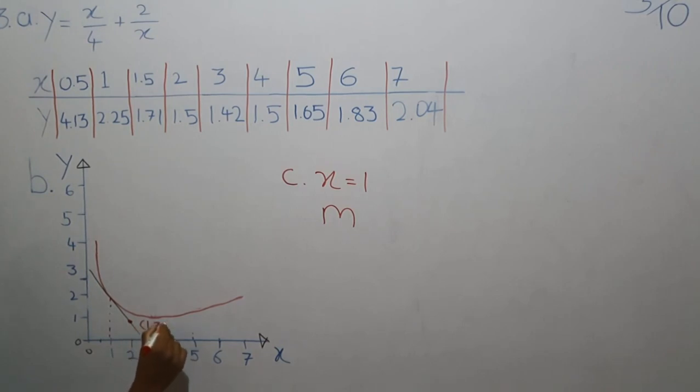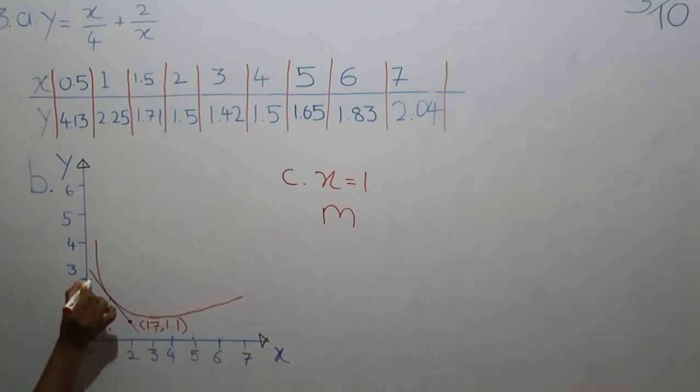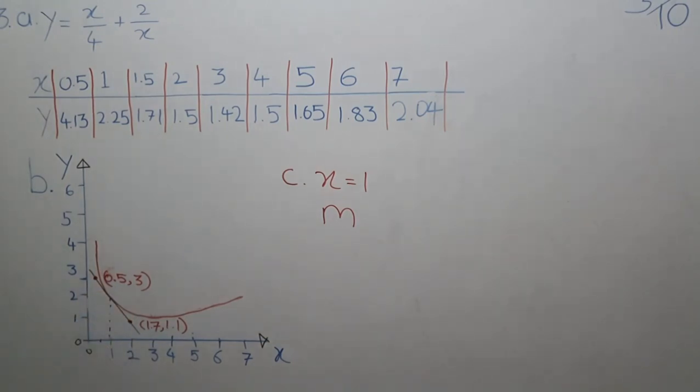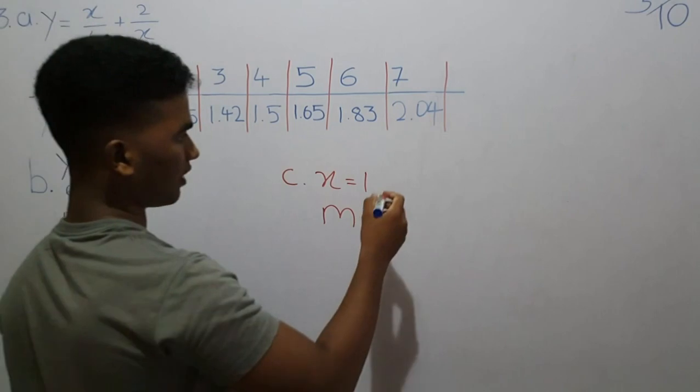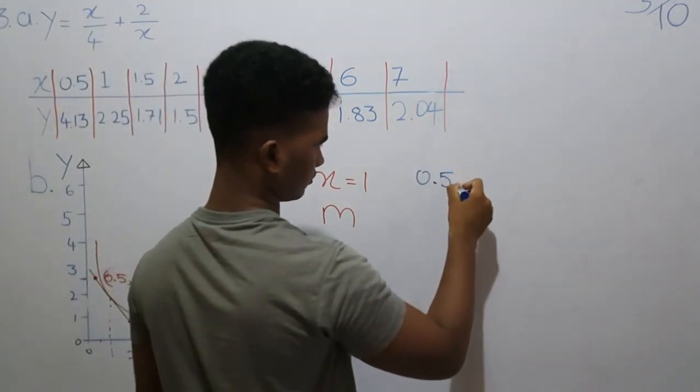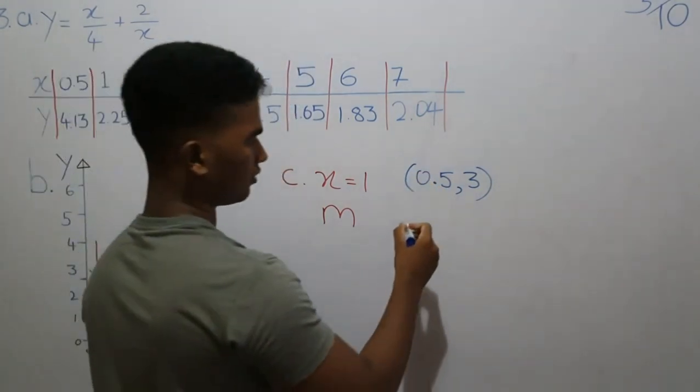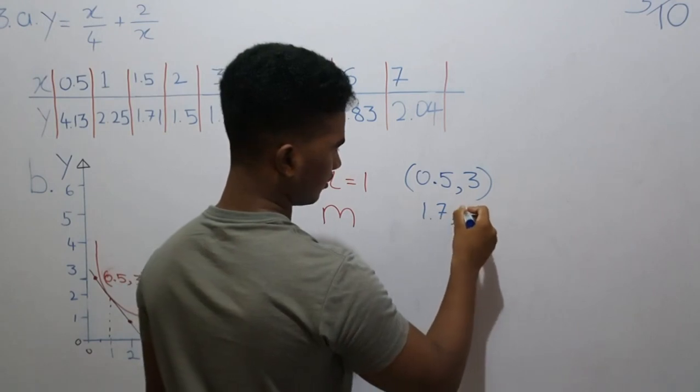And at this other place on the tangent, I got 0.5 comma 3. So now I have 2 points, 0.5 comma 3 and 1.7 comma 1.1.